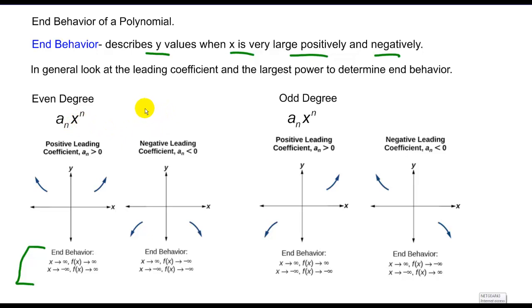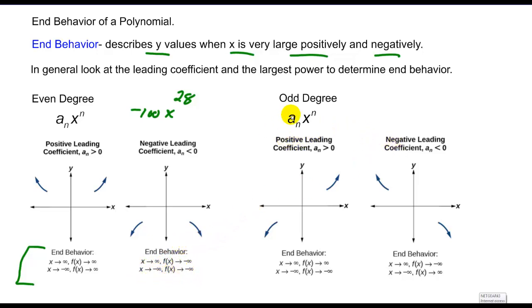For instance, if I had negative 100 x to the 28th, put a very big negative in here, like negative billion, raise that to the 28th power, that's a positive number, and then multiply that by a negative 100, and it's very negative. So the end behavior here is that as x goes to infinity, f of x goes to negative infinity, and as x goes to negative infinity, f of x goes to negative infinity.